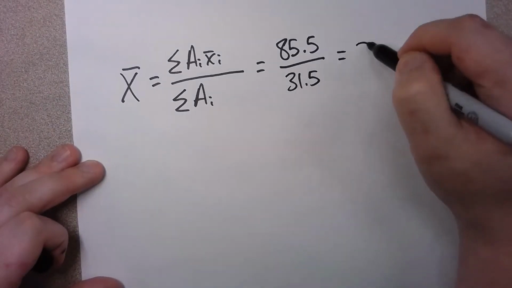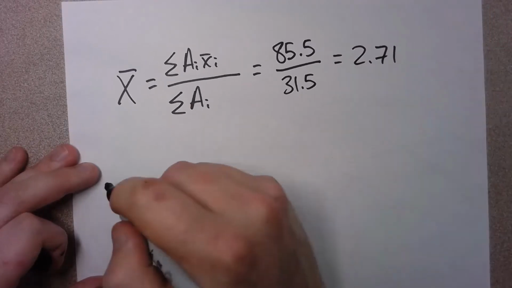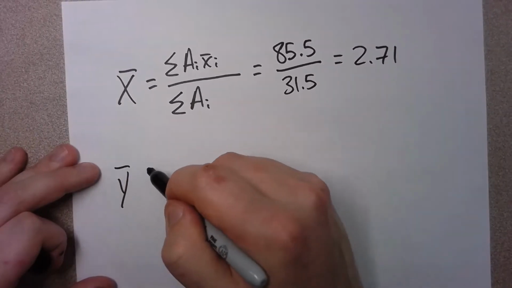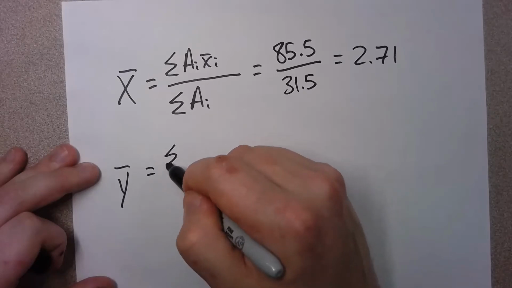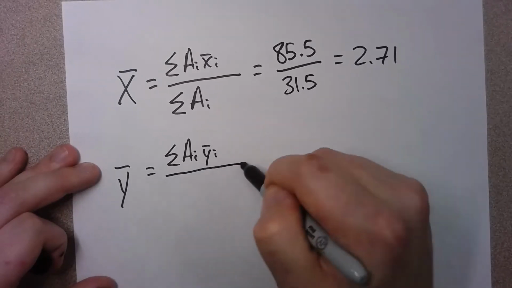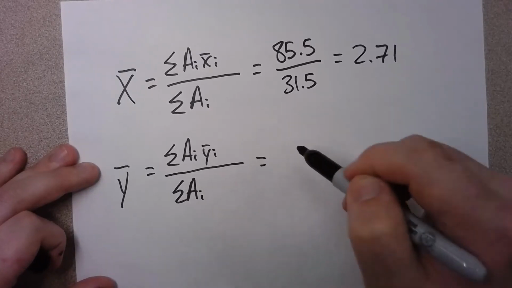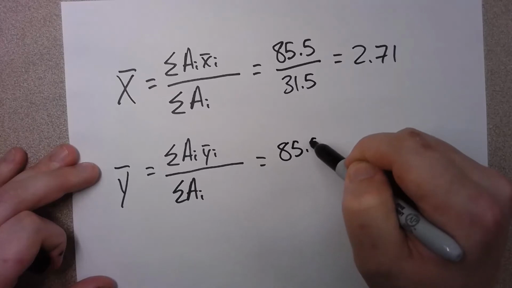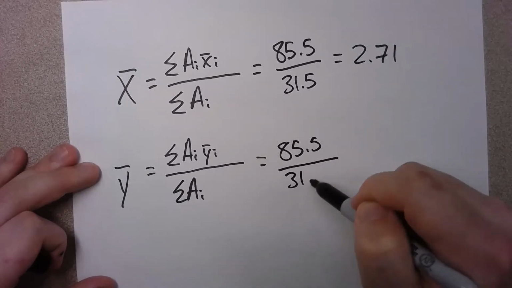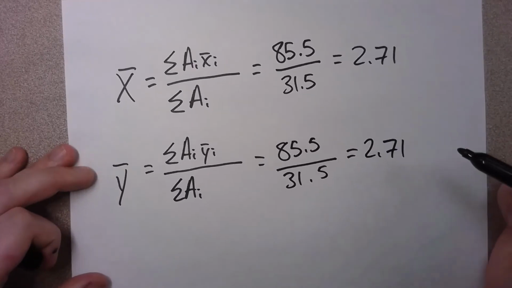It's going to be equal to 2.71. Okay, not too bad. Our y bar is going to be equal to the sum of the areas multiplied by the y bars divided by sum of the areas. Okay, that is also going to be equal to 85.5 over 31.5, which is also equal to 2.71.